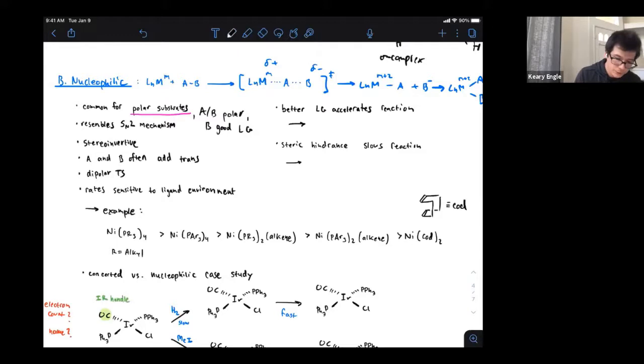So better leaving groups lead to faster rate. Again, just in direct analogy here to SN2 chemistry. So this is the order.